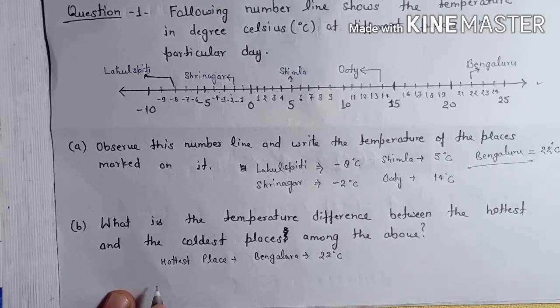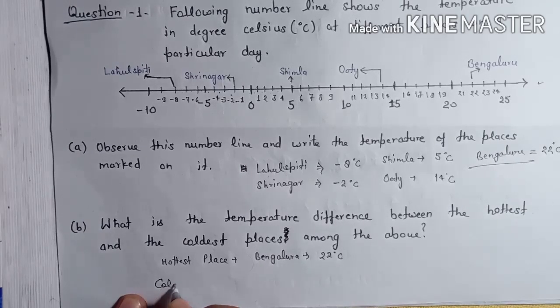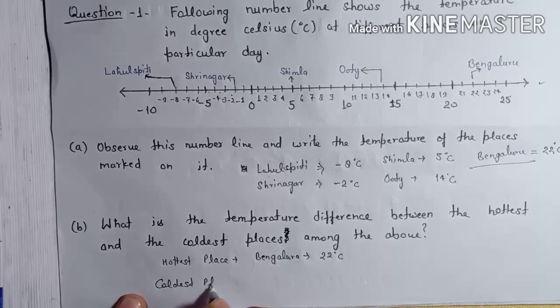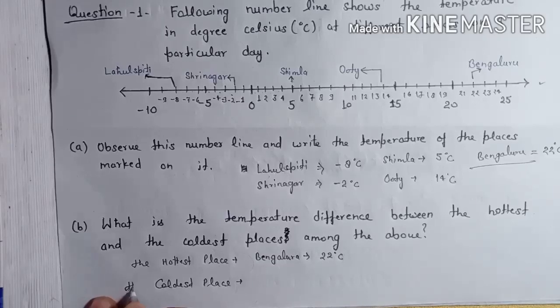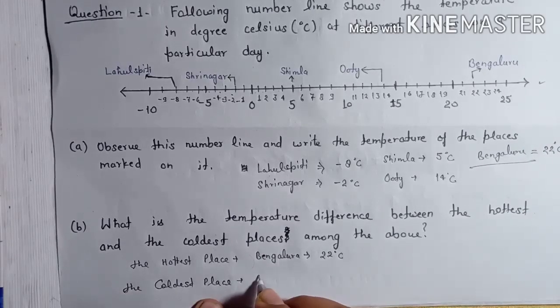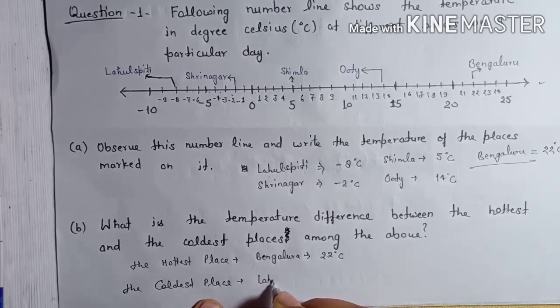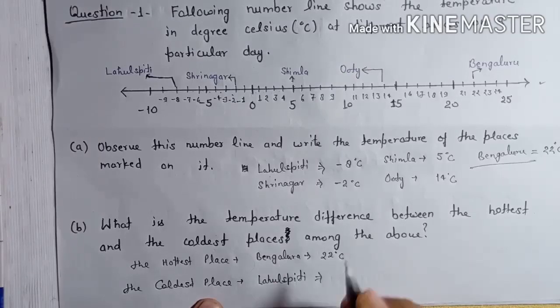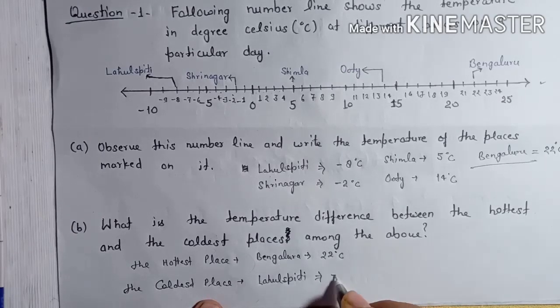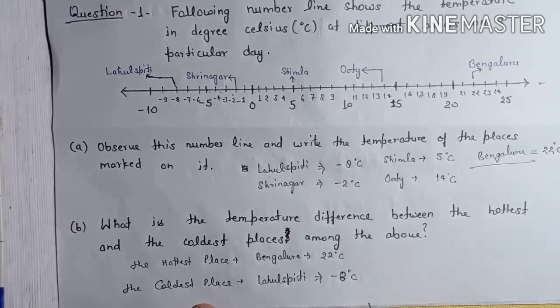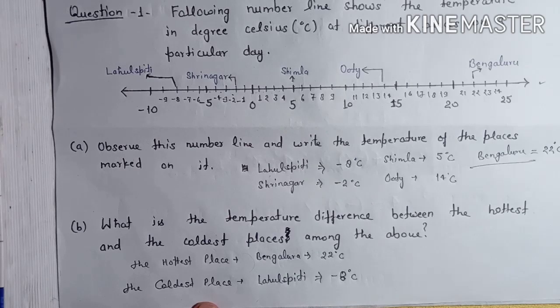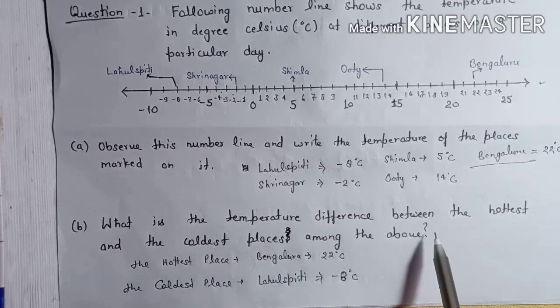And the coldest place is Lahaul Spiti, and the temperature there is -8 degrees centigrade. The question is, what is the temperature difference between the hottest and the coldest place among the above?